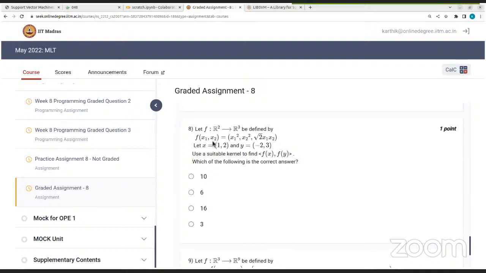So what does that mean? This is the transformation, right? Now, what kernel should you use so that the kernel's output and the dot product in this transformed space turn out to be the same?